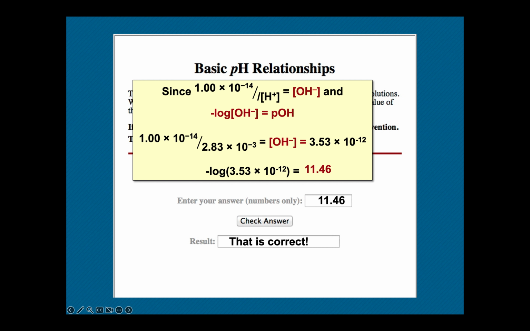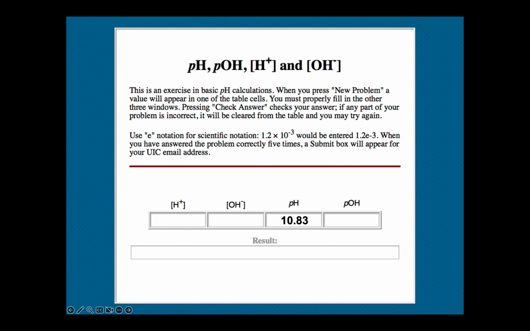pH 2 is a table. Kind of a neat tutorial, I think. Randomly, you are given one of these, and you type in the rest. So, randomly, we were given pH.